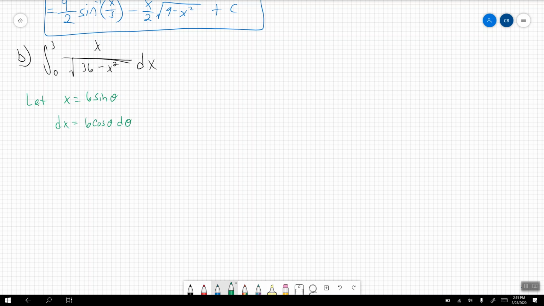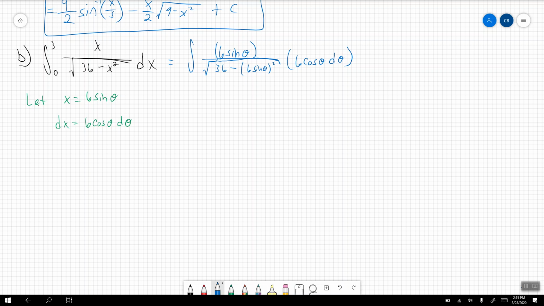So let's make these substitutions. x was our 6 sine theta, divided by the square root of 36 minus the x value, which was 6 sine theta, quantity squared, multiplied by dx, but dx we know to be 6 cosine theta d theta.